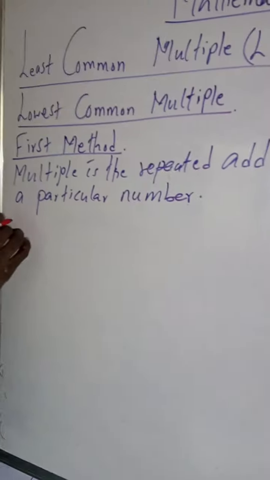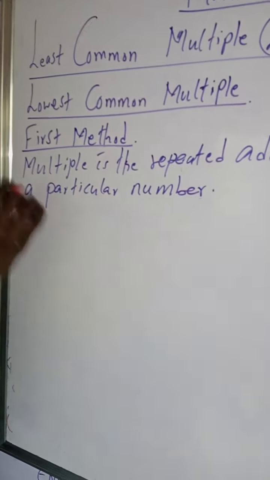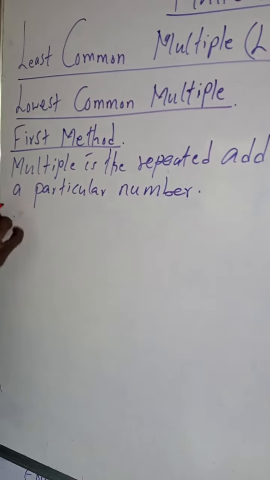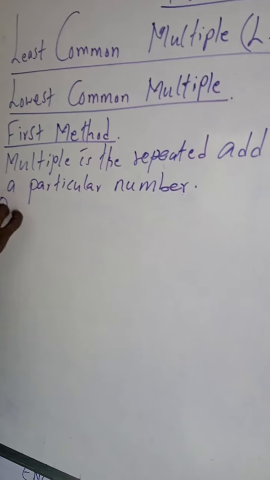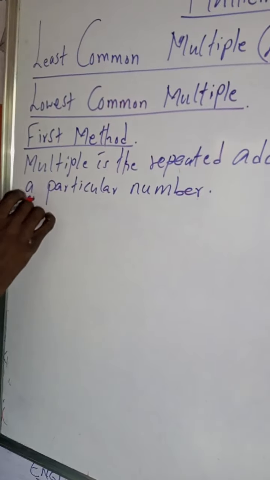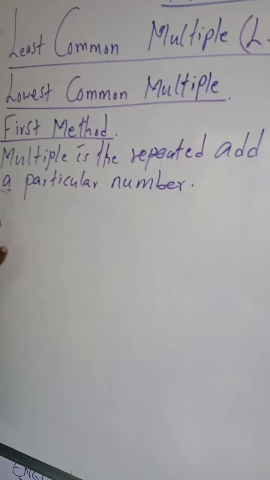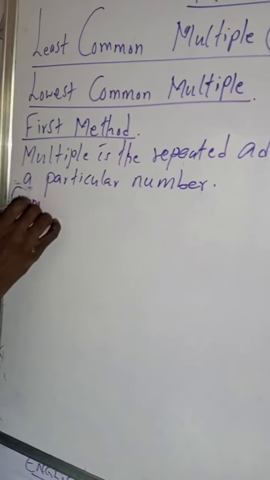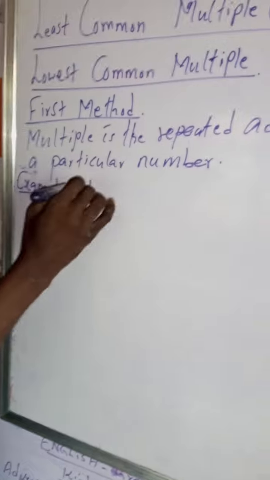What do I mean by repeated addition? When I say multiple of 3, let me give an example.